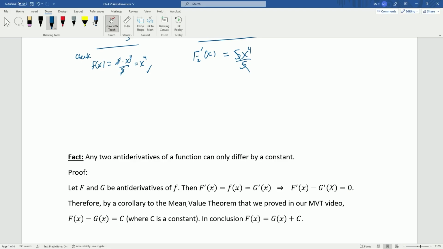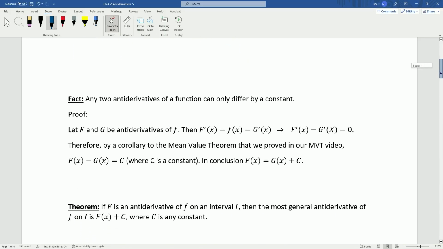And therefore, by the corollary to the mean value theorem that we already proved in our mean value theorem video, cap F minus G is equal to a constant. So in conclusion, cap F equals cap G plus c. So the only difference between any two antiderivatives is a constant. Any two antiderivatives for the same function, at least.